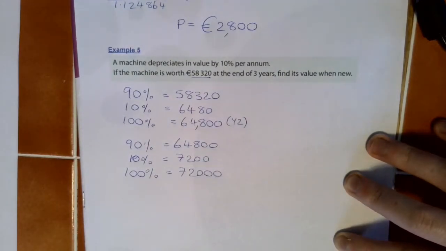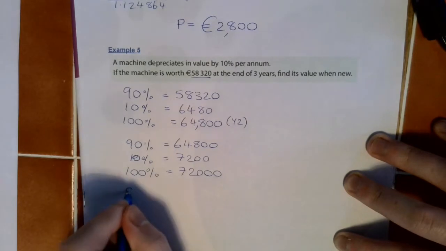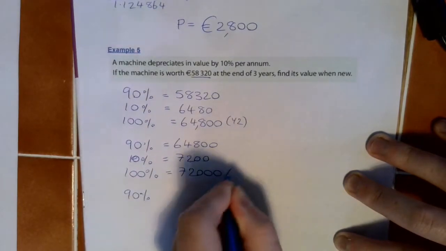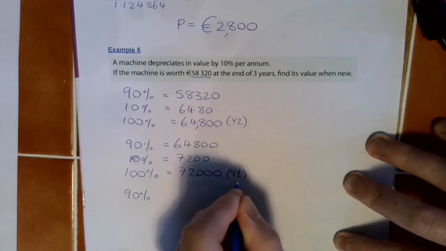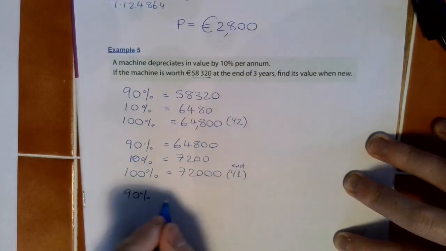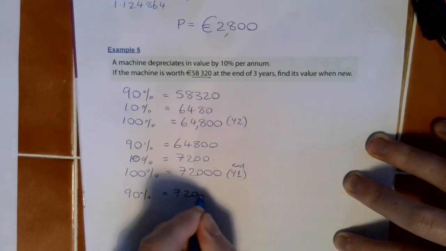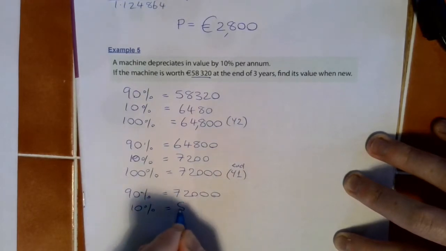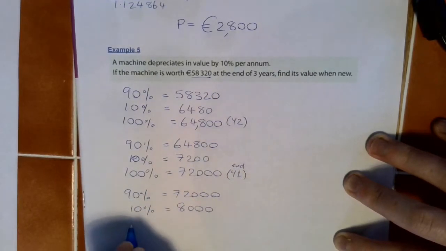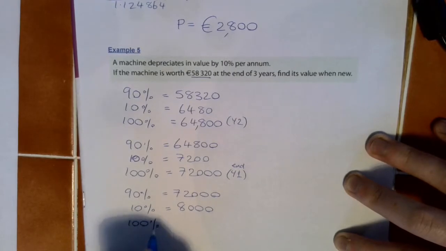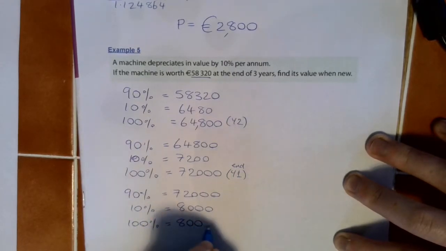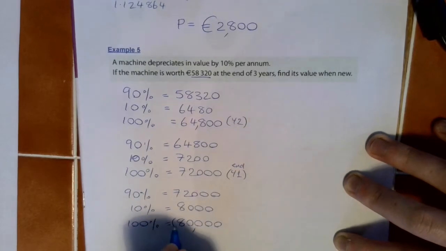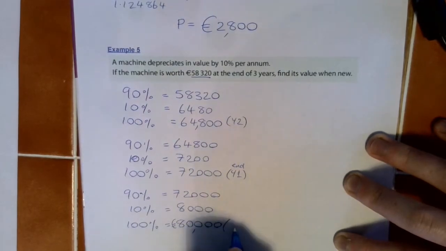And then we need to do it one last time. So that's what it's at the end of year 1. 90% is equal to 72,000. 10% is equal to 8,000. So then 100%, which would be at the start, is €80,000. So that's what it would cost when new.